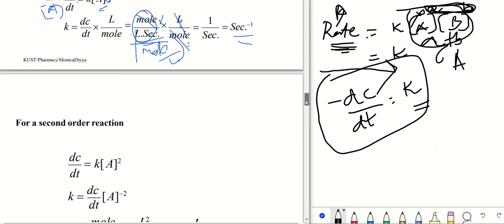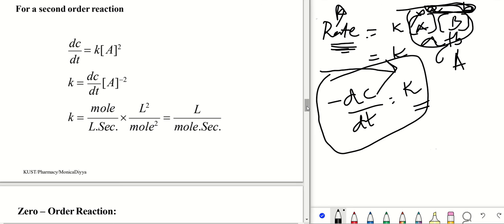That's how we can solve for the second order reaction too. dC by dt is equal to K into concentration of A to the power of 2. So the concentration of A squared comes into the denominator. As usual, dC by dt is mole per liter per second, into the inverse, liter squared by mole squared.